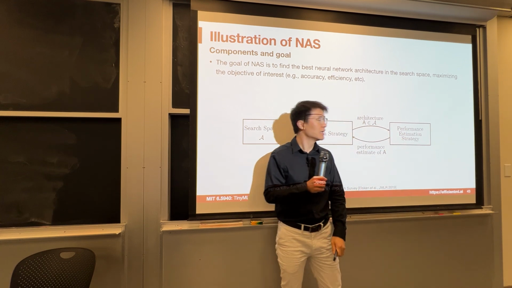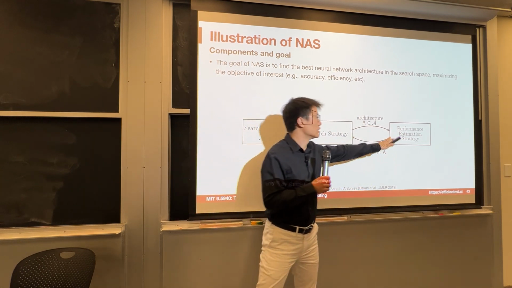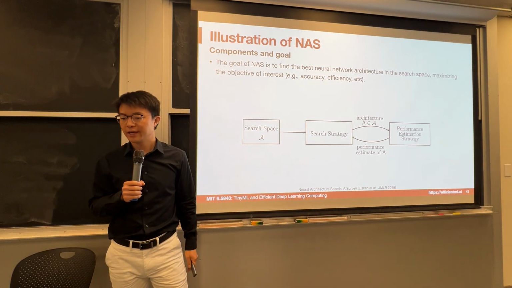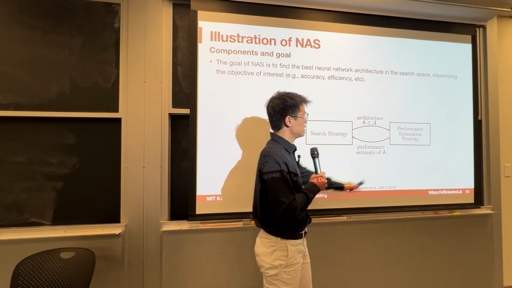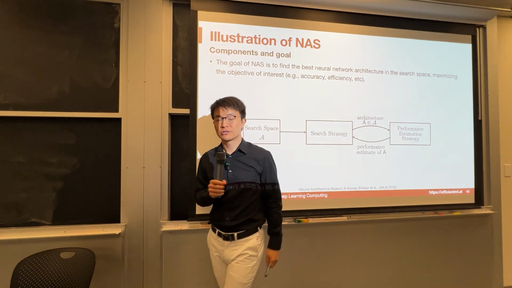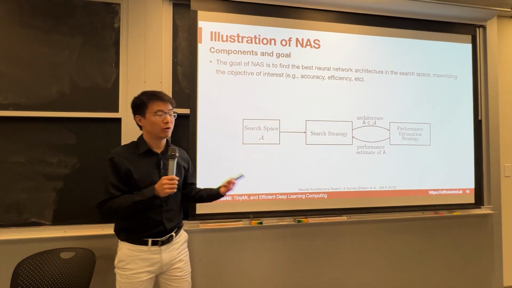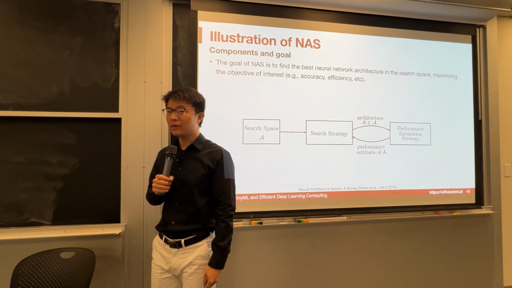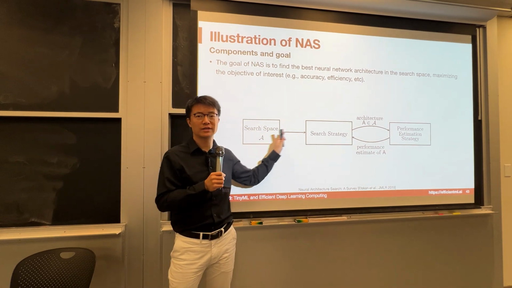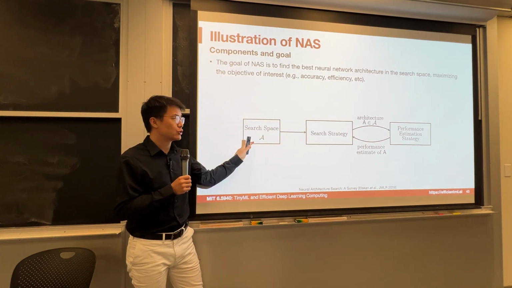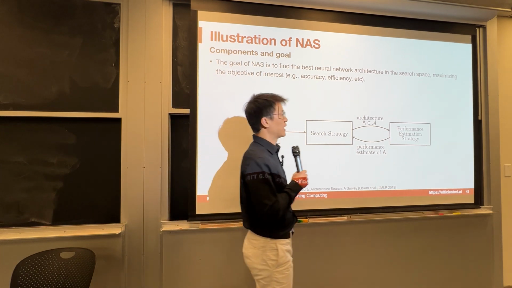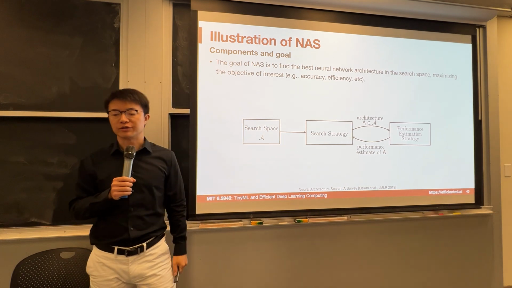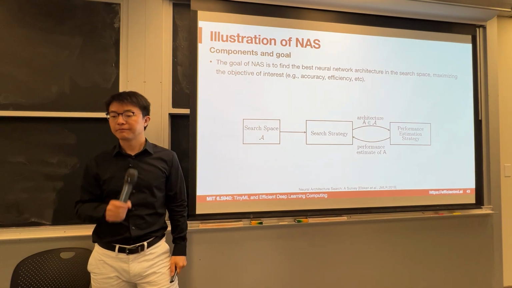Then we evaluate the performance, the performance estimation, including the accuracy, the latency, the energy, etc. And we use that as feedback to our search algorithm, which can propose the next architecture we are going to evaluate. So in today's lecture, we are going to focus on these two, the search space and search strategy. In the next lecture, we will focus on the performance estimation and also hardware efficiency considerations.